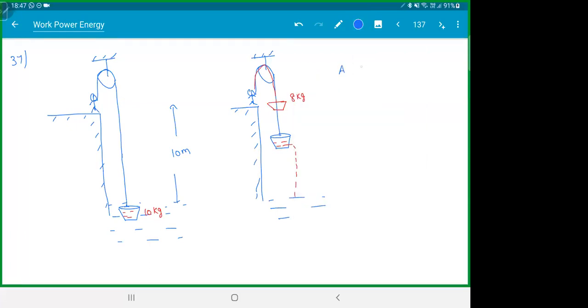So, a bucket with 10 kg water. It's pulled up slowly. And the water leaks at a constant rate.